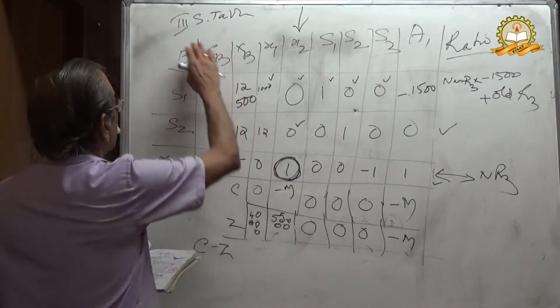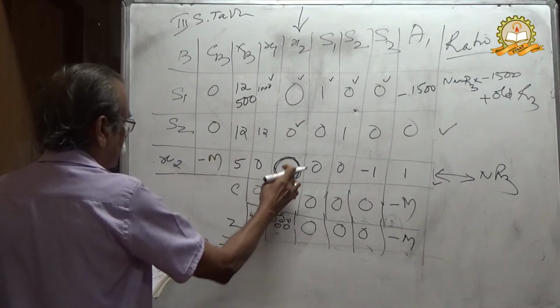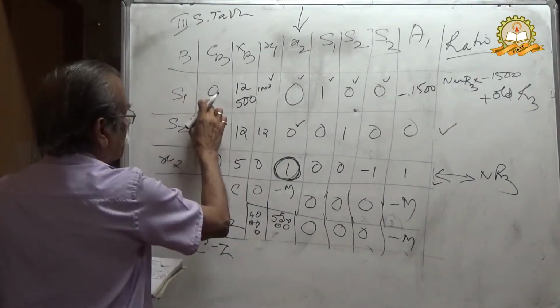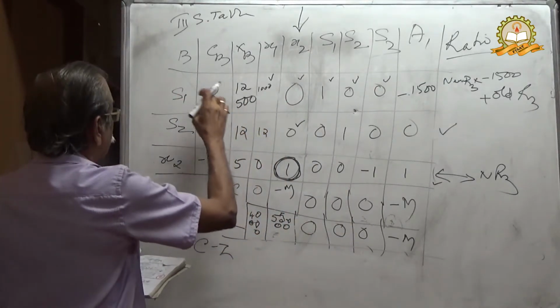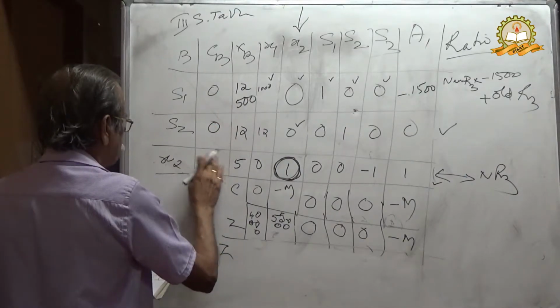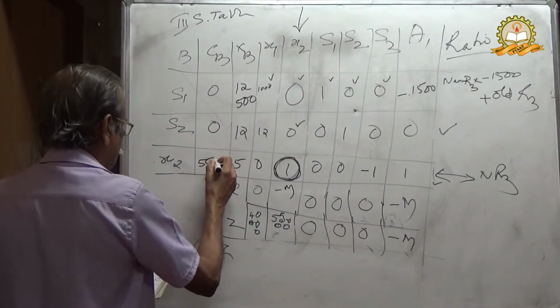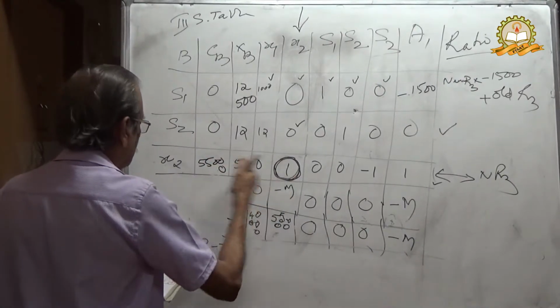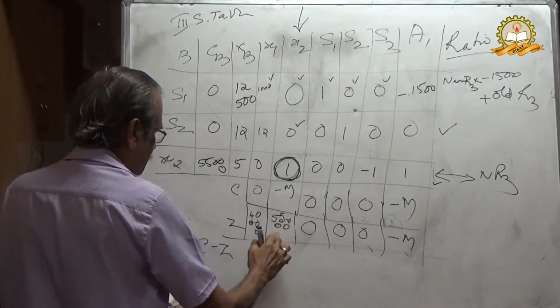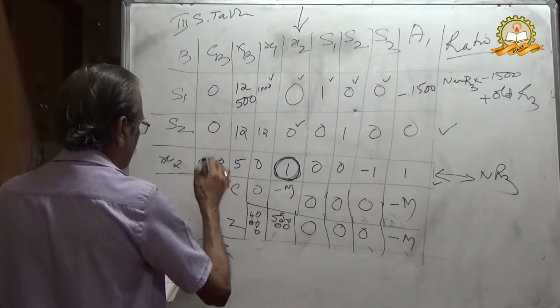Then the revised third table will have the value of S1 0, S2 0. This becomes 55,000, because under X2 the value is 5500.